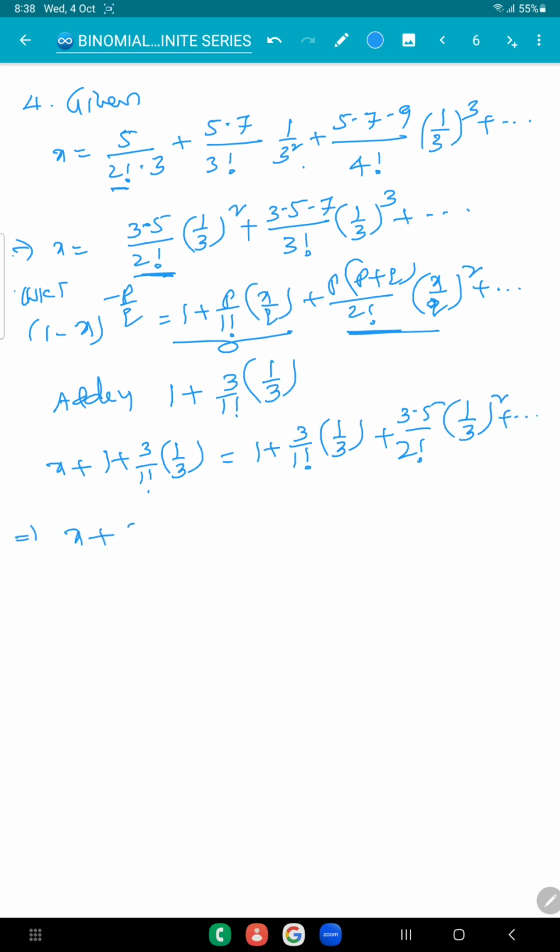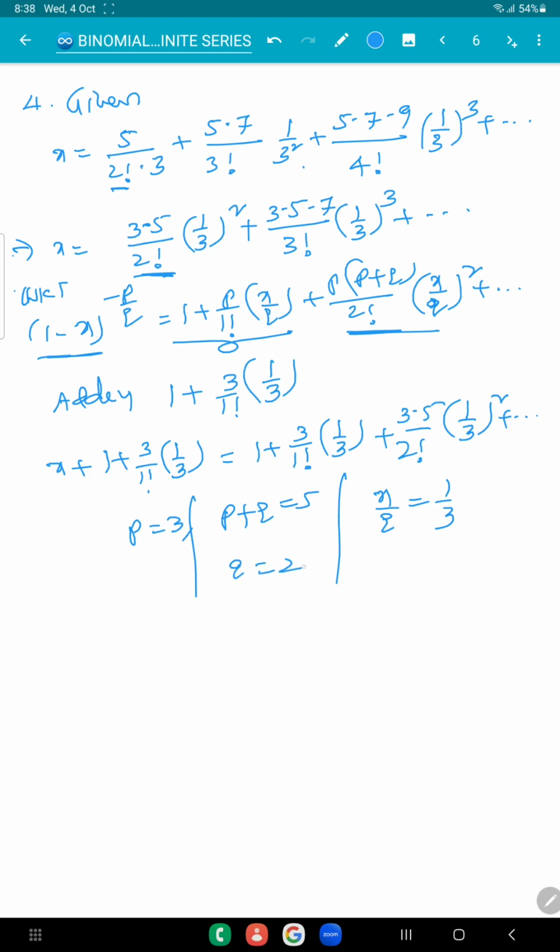So x plus 2 is equal to, right hand side is as it is, so we can apply the series. So 1 minus x whole power minus p by q. So right hand side p is equal to 3, p plus q is equal to 5, x by q is equal to 1 by 3.